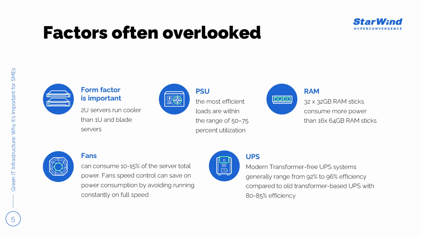And this is especially true for older transformer-based UPS systems, while the most recent ones, transformer-free, can allow even for 95% efficiency, even at a load of 25%. These new energy-efficient transformer-free UPSs generally range from 92 to 97 or even higher percent efficiency.